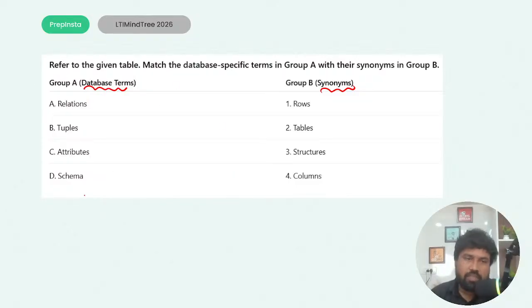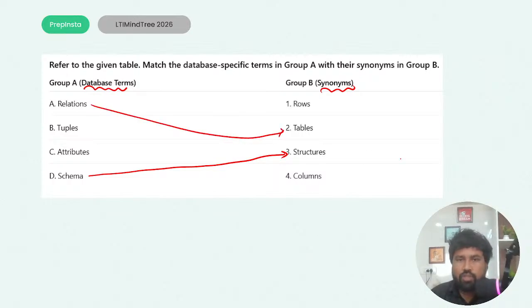So I suggest, first remember, schema is nothing but structure. If you know that, you can easily map. And relations are nothing but tables. So A is 2 and D is 3. This is what you need to know first.